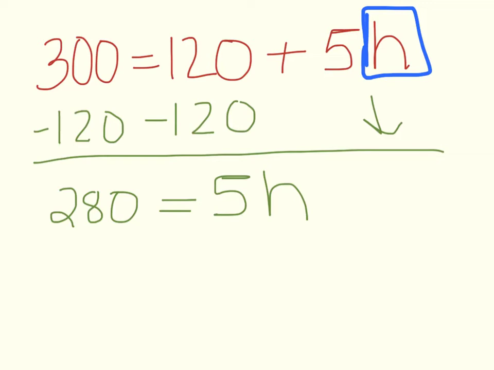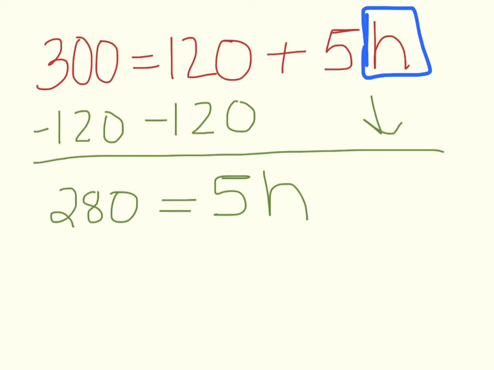So when I talked about reverse order of operations, what I mean is normally if you were solving this and using order of operations, you would do the multiplication first. But in this case, since we're working backwards, we're going to do addition and subtraction first. And that's what we're going to get rid of.